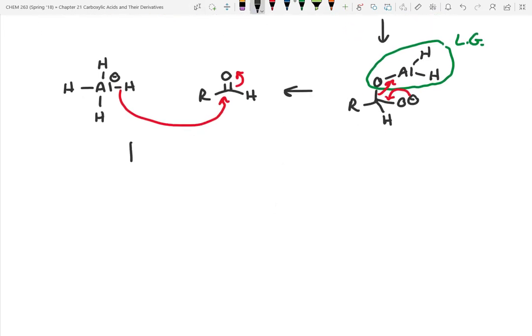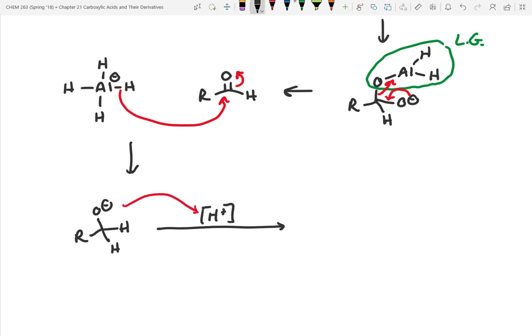It's for this reason that most of the time you see this reaction, it's done with excess. And then last but not least, we react this with a strong acid, or even just water in some situations, to give you your primary alcohol.